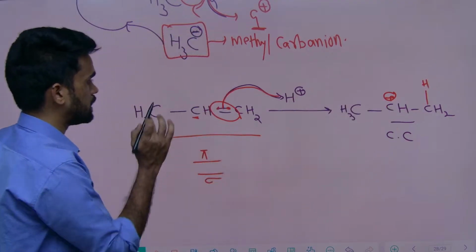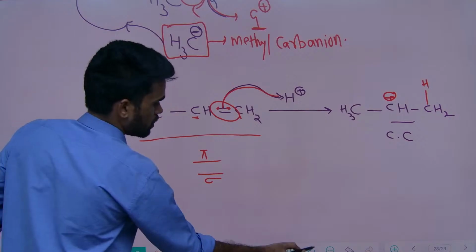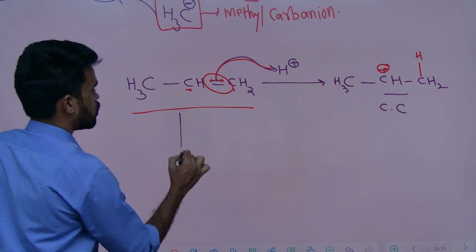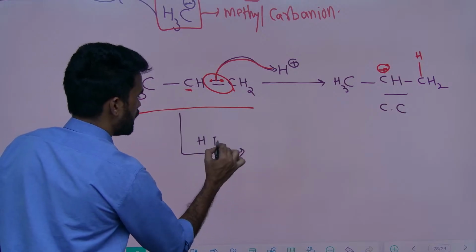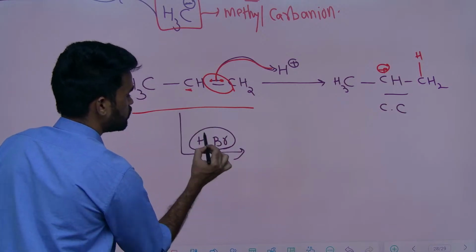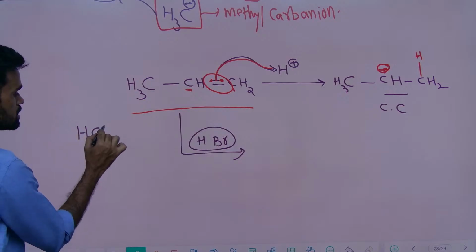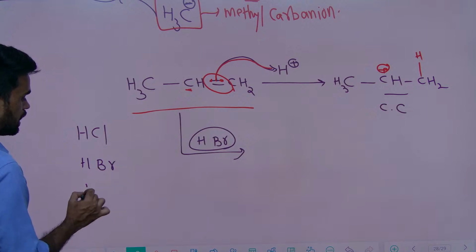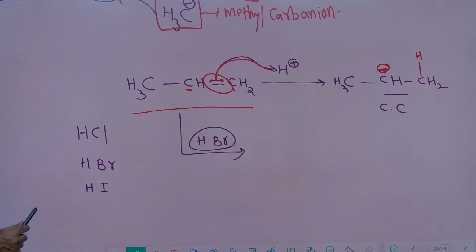So generally the reaction will be given like this. To the compound, they will ask us to add HBr. We know HCl, hydrochloric acid, is an acid. HBr is also an acid, HI is also an acid, but which is the stronger acid?